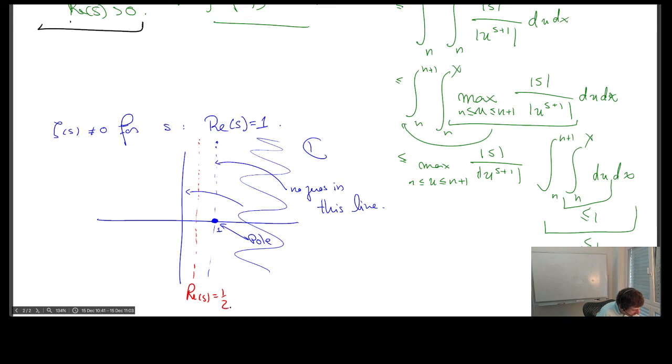So the Riemann hypothesis says that there are no zeros, not just on the line where the real part is 1, but all the way here, and that all the non-trivial zeros need to lie exactly on this line, with nothing in between the 2 lines.